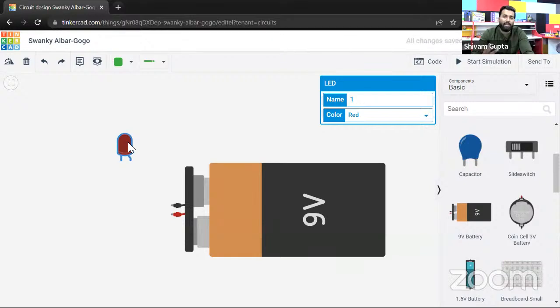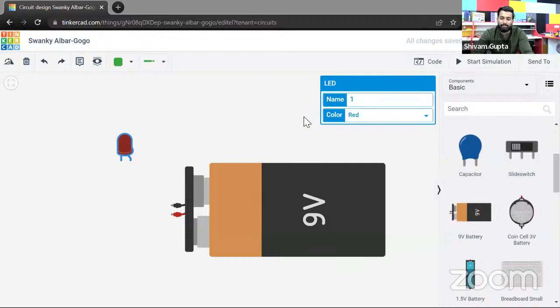Students, if you have used an LED before, I hope you can tell me how many legs are there in an LED? Yeah, that's right. It is two, right? There are two legs in an LED. One is positive, another one is negative. The positive leg is known as anode.